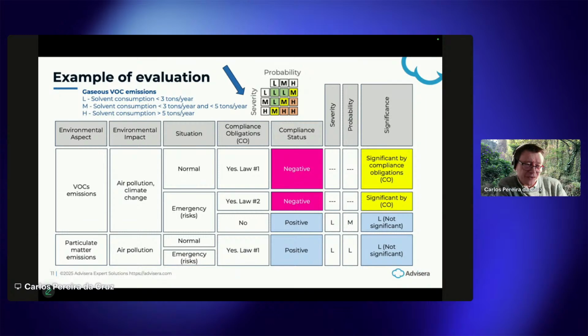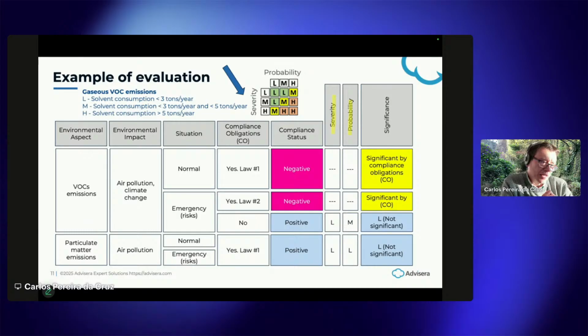I only have 3 here, but typically they use these. The first is severity, the gravity: how big is the impact on air, water, soil, resources, biodiversity. The other one is frequency, likelihood, probability: how often the aspect occurs under normal, abnormal, and emergency conditions.